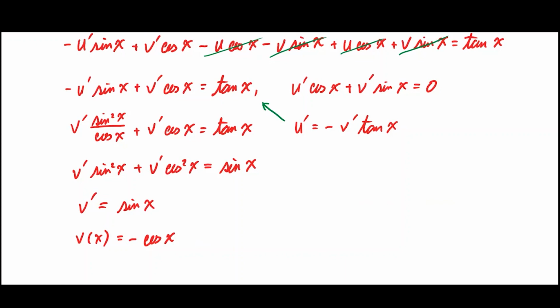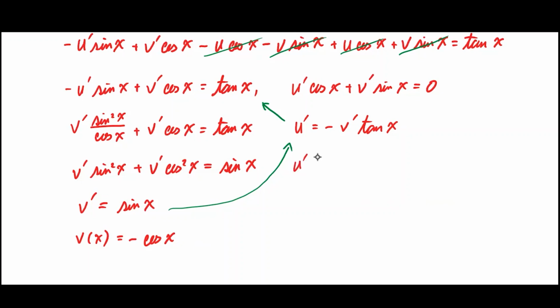We are still yet to find u. Okay, u here, well, we don't know what u is, but we know what u prime is: the negative v prime tangent x. So now we're going to take this expression and substitute it right here, okay? So let's see what happens. So u prime, I'm going to do it with red color.